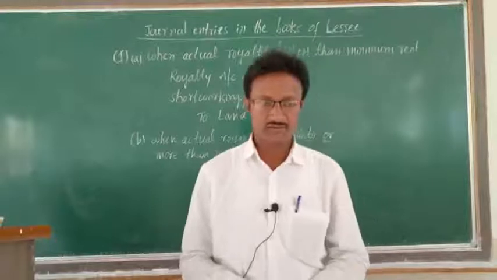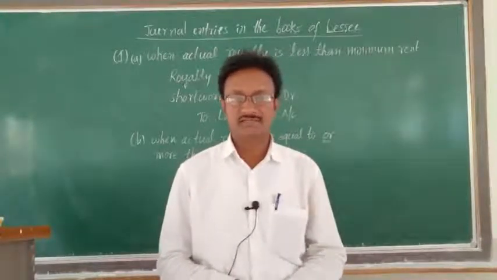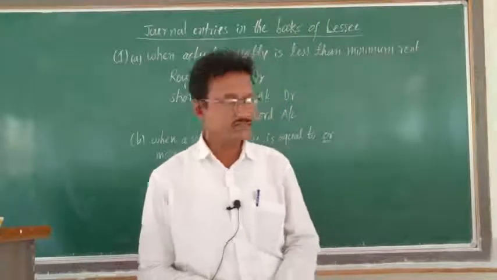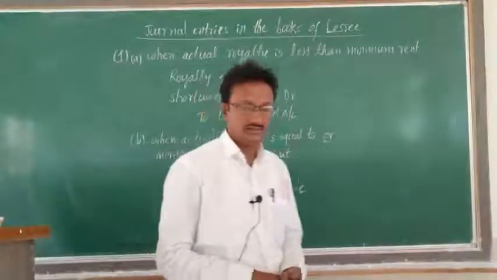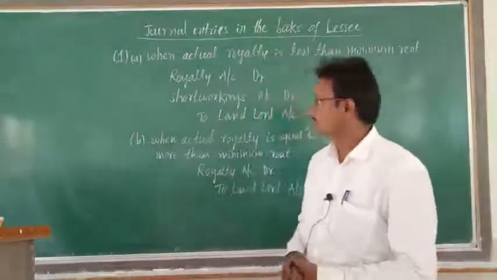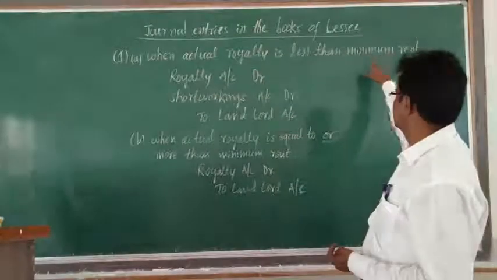First we have to study the journal entries in the books of the lessee. The first entry has to be passed when actual royalty is less than minimum rent.